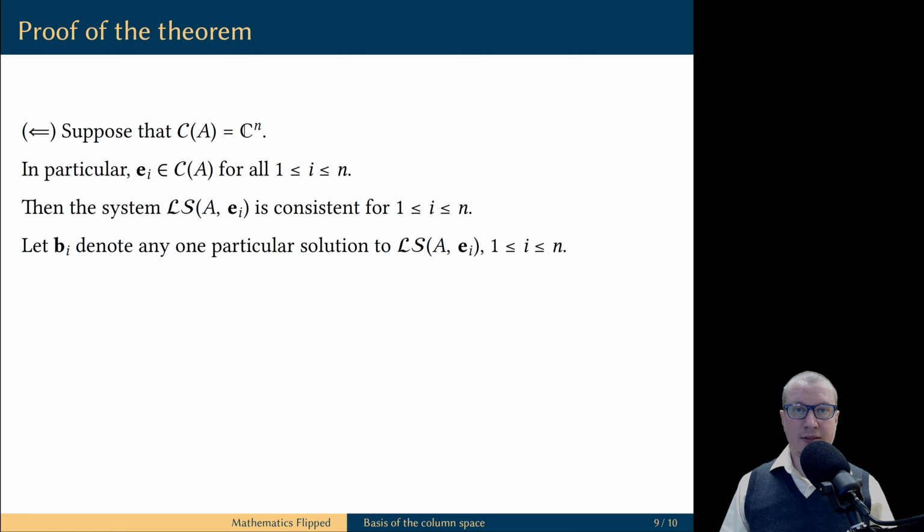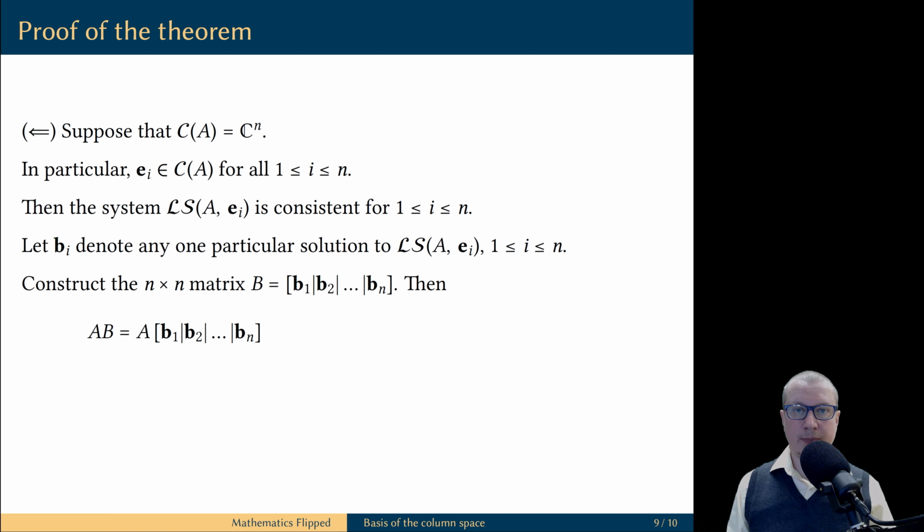Because all these systems are consistent, I'm going to choose one solution for each system. Let's say the solution of system number i is the vector bi. So I have n solution vectors, which are the column vectors, and I'm going to use these vectors to construct a matrix B. This matrix B is going to be a square matrix of size n.